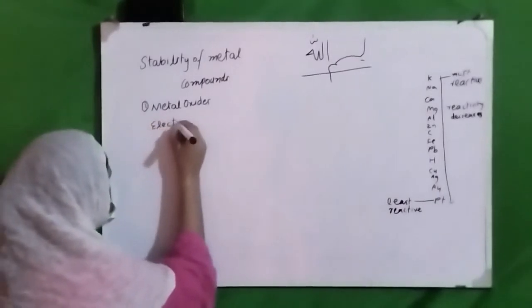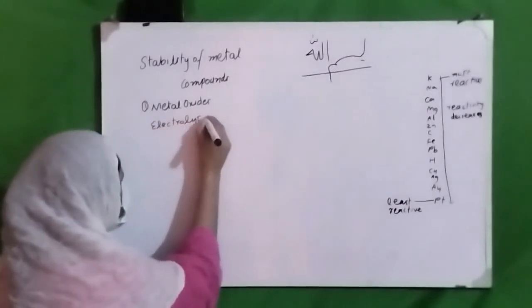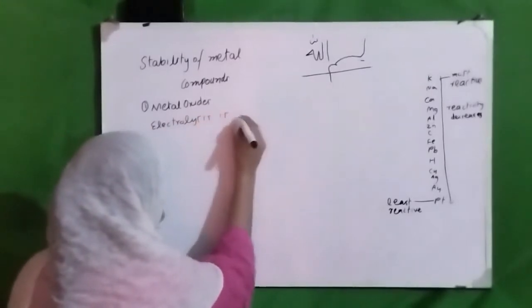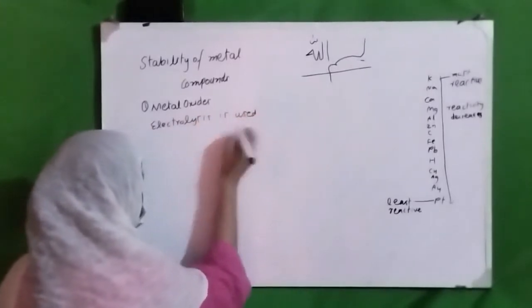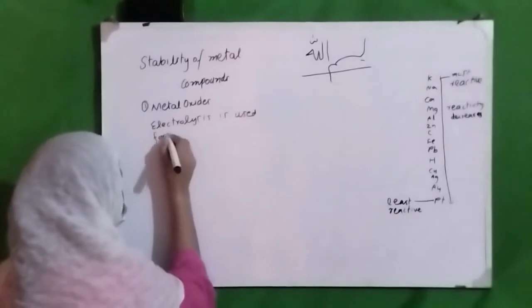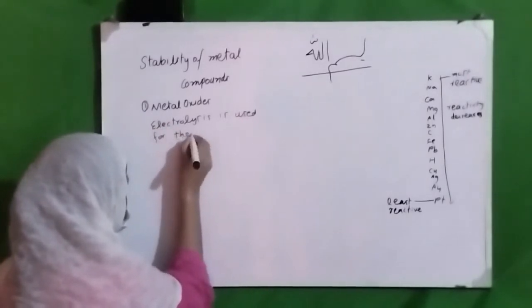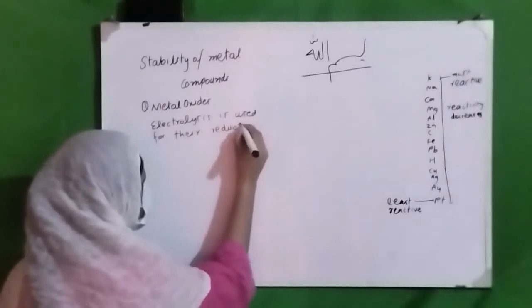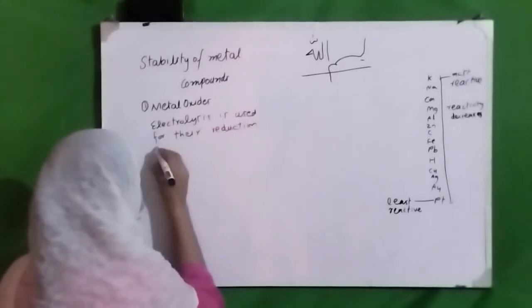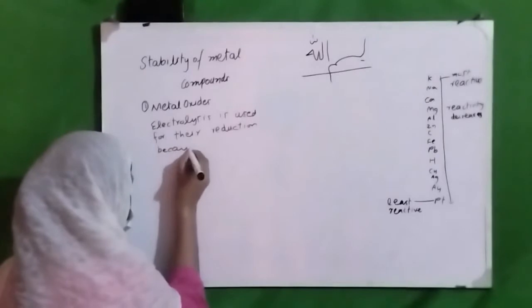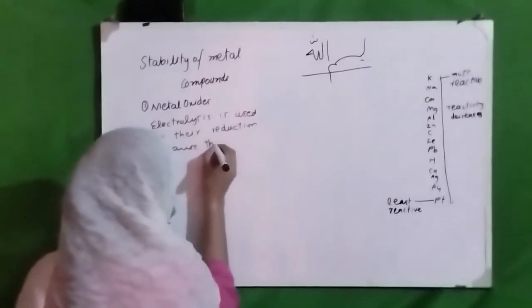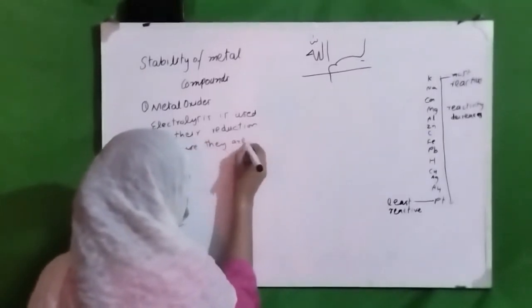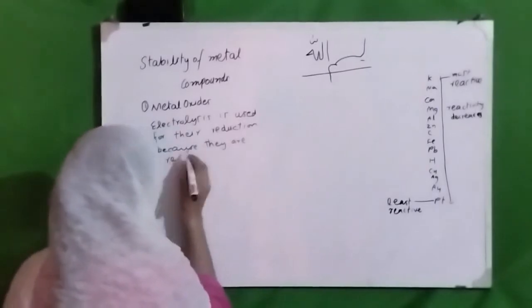Electrolysis is used for their reduction because they are reactive metals.